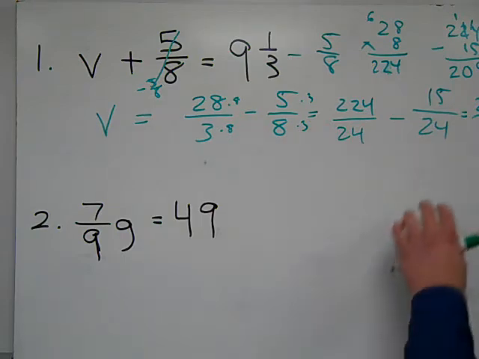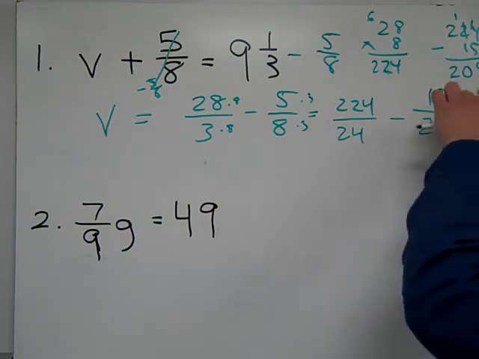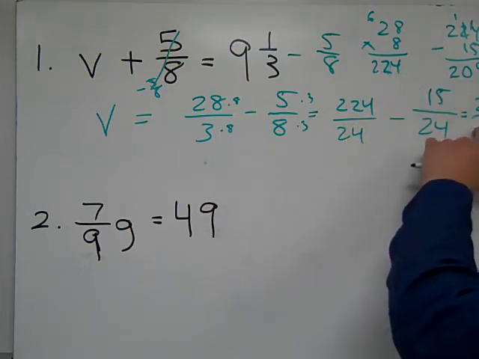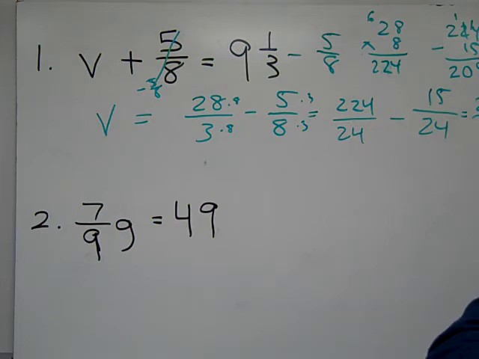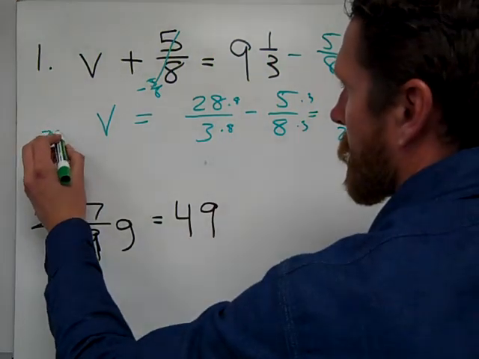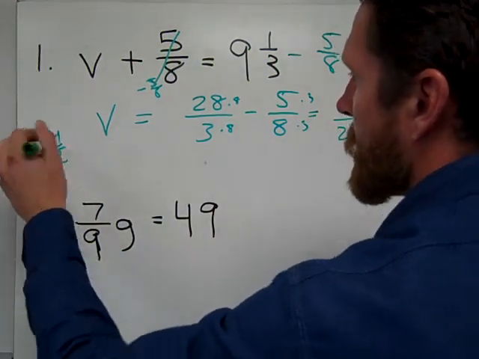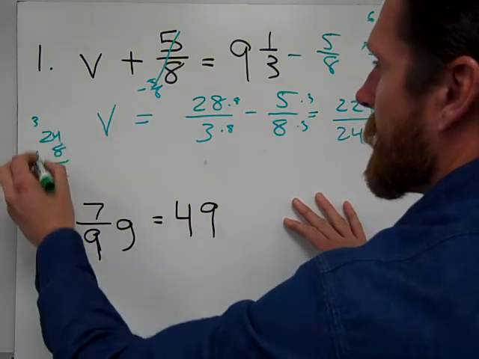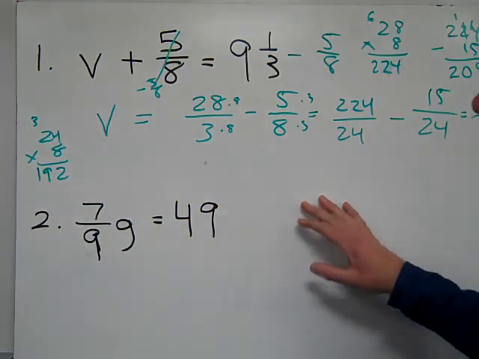And now what we're going to have to do is change this improper fraction into a mixed number. So let's say 24 times something equals 209. I'm going to say like 8. 8 times 4 is 32. 16, 17, 18, 19. Pretty close.